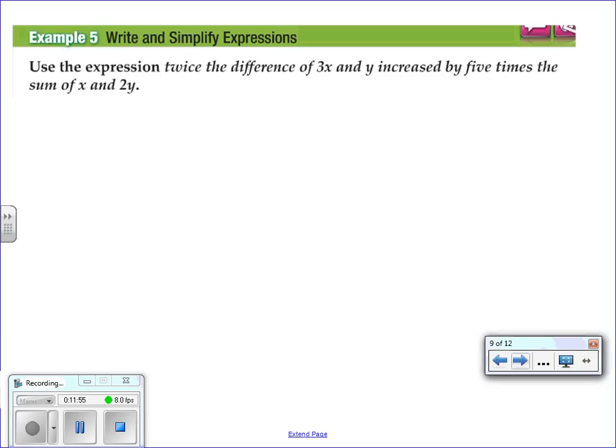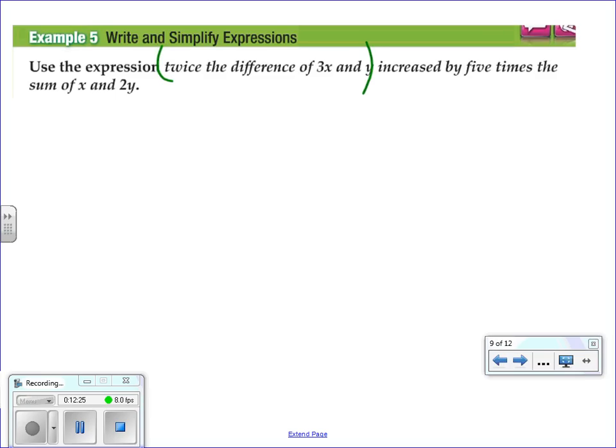So you can see here we have the problem twice the difference of 3x and y increased by 5 times the sum of x and 2y. Let's read that again. We have twice the difference of 3x and y increased by 5 times the sum of x and 2y.